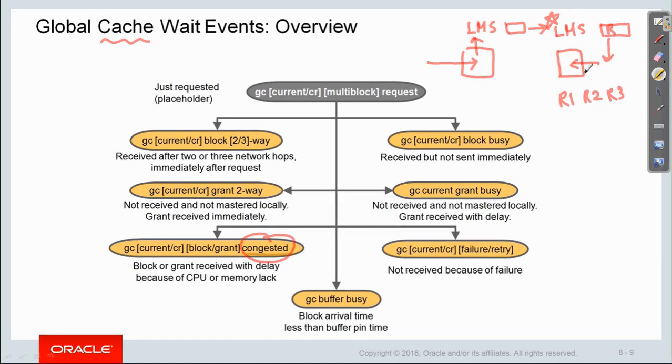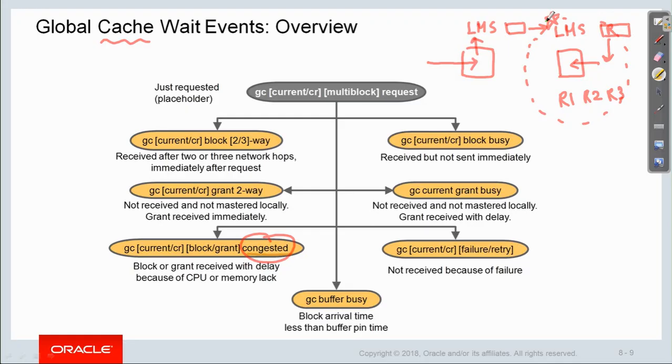handle. Okay, because of a CPU bottleneck, maybe not enough memory because of swapping going on. So there could be many reasons. So in that case, you will have to take a look at host level resource availability and why that happens.